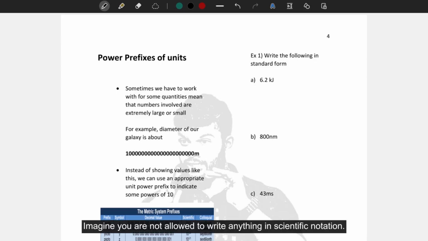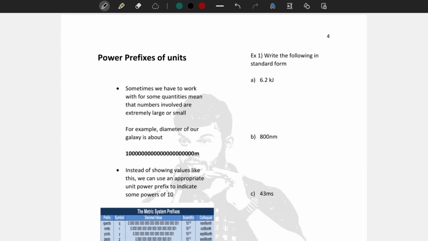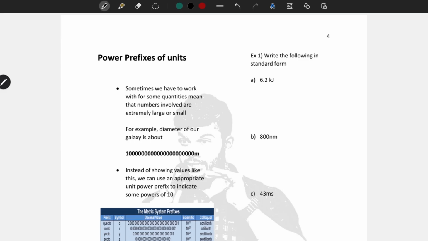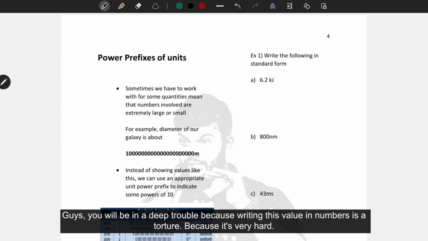Imagine you are not allowed to write anything in scientific notation. You are just asked to write this value in meters like this. Imagine how hard this is, guys. You'll be in deep trouble, because writing this value in numbers is a torture.